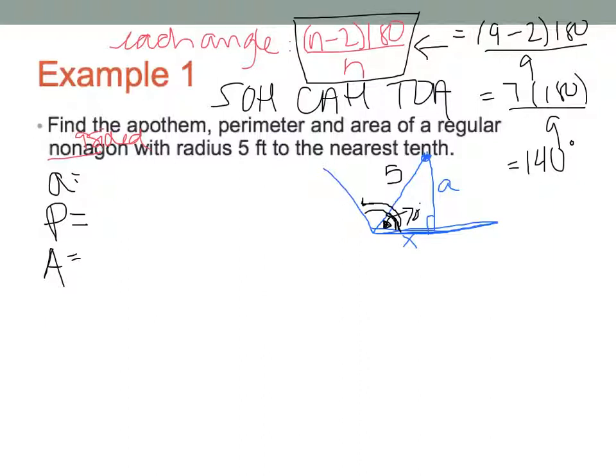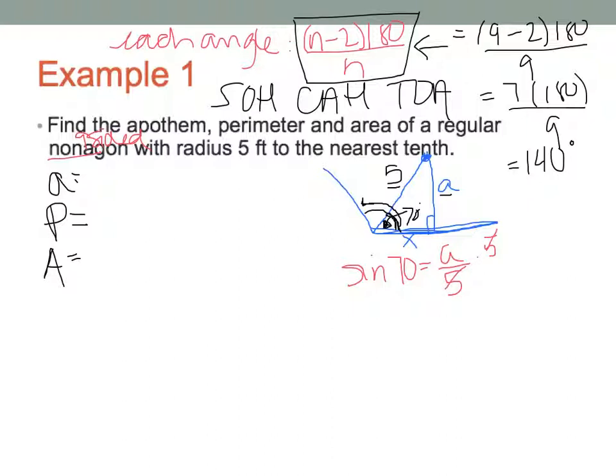Now we're going to use our trig functions, sine, cosine, or tangent to find a. So if I'm standing at the 70, I have my opposite, and I have my hypotenuse, which means now I'm going to use sine. So the sine of 70 equals opposite, which is a, over hypotenuse, which is 5. Now I have to solve for a.